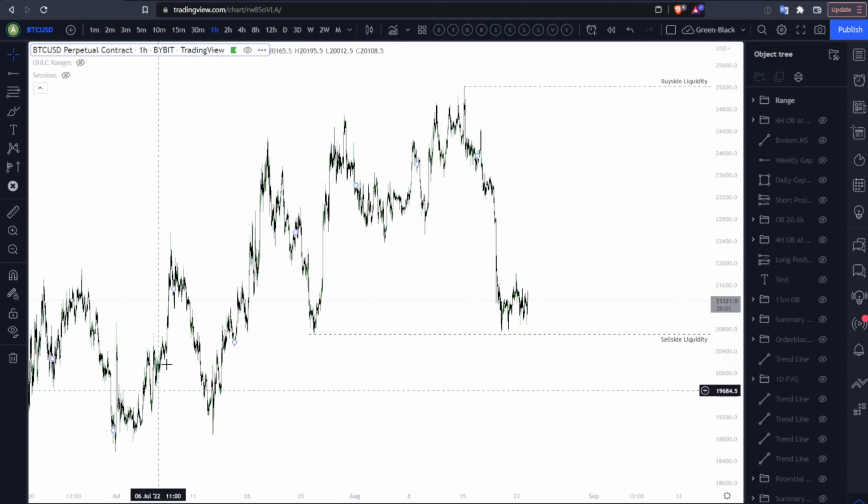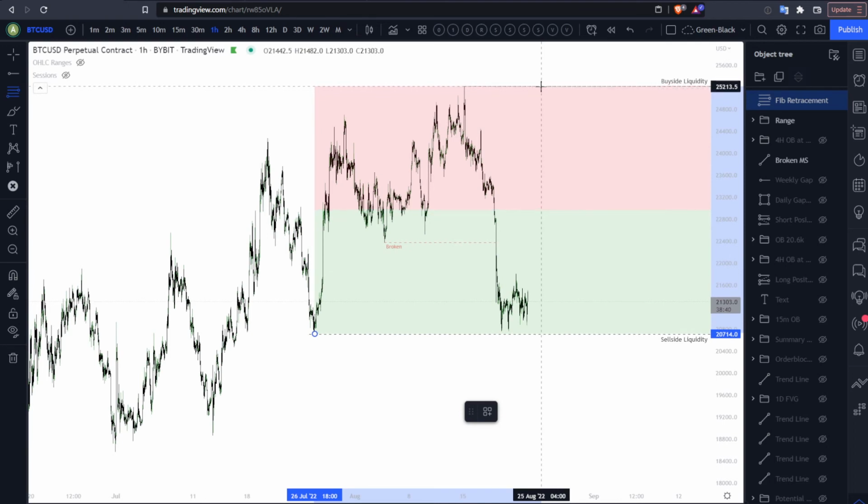Now so far we moved higher in the past few weeks, and now we have broken market structure once we moved below this and this low. It puts us basically in the discount territory of the range, like deep discount in the range between this low and this high.